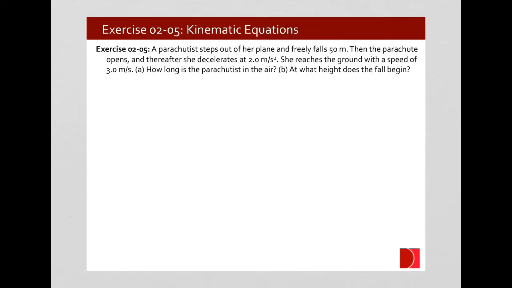So in this case, we can consider this as two separate consecutive constant acceleration problems. And when she initially steps out of the airplane and freely falls, we can use our kinematic equations to better understand that.